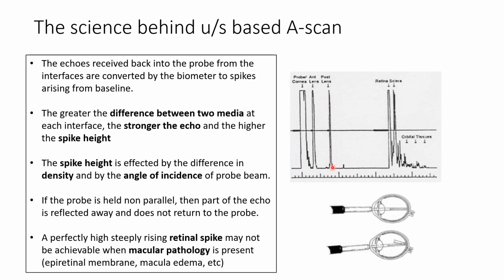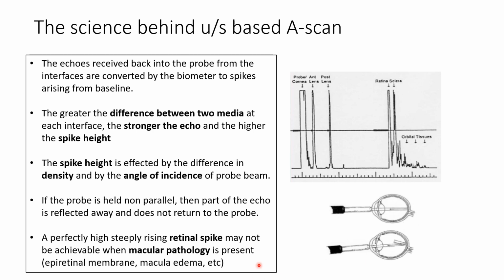The spike height is affected by the difference in density and by the incidence of the probe beam. If the probe is held not parallel, then part of that echo is reflected away and you will not get a spike which arises from the baseline at an angle of 90 degrees and of equal height.